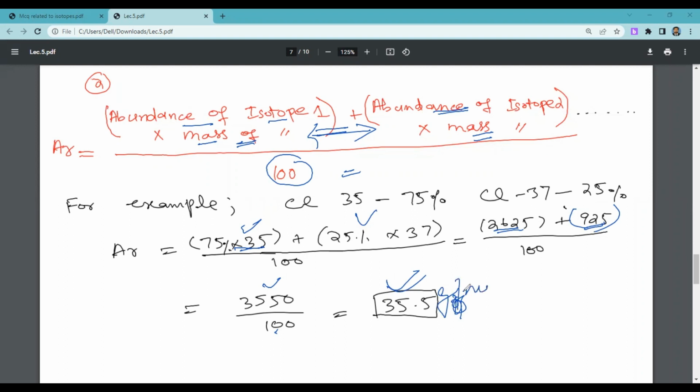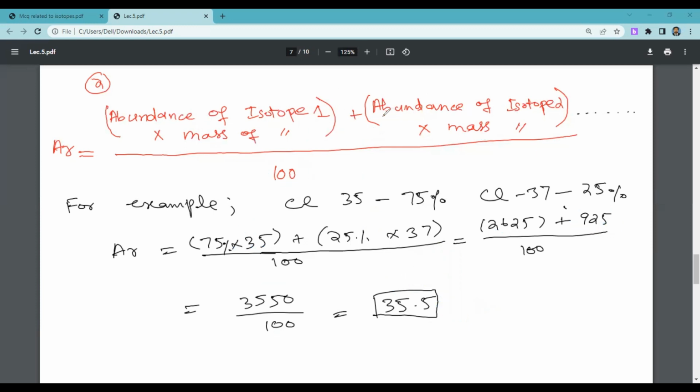gram per mole or AMU, whatever we usually denote by AMU, relative atomic mass. And this will be the relative atomic mass. So this is also a method of calculation of atomic mass. What is the difference between these two methods?